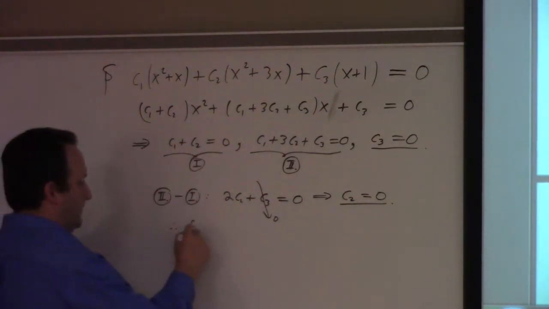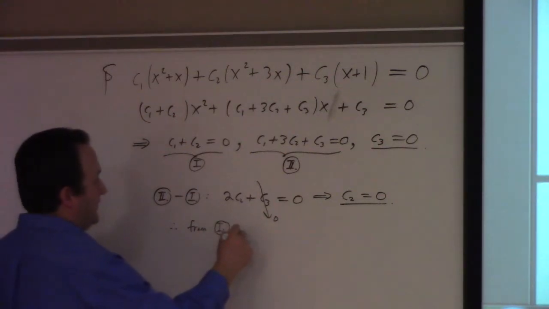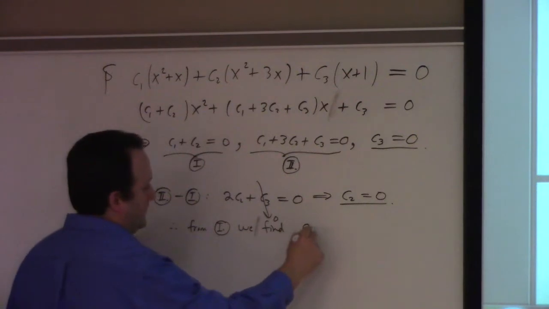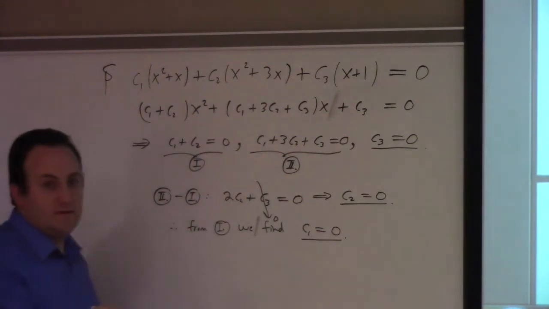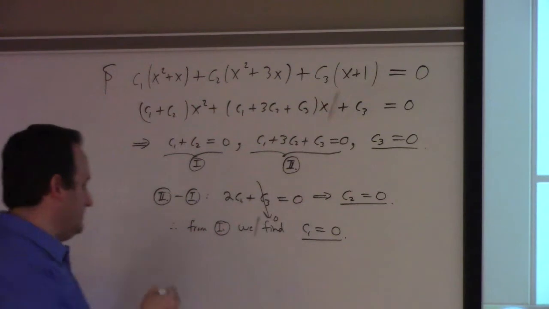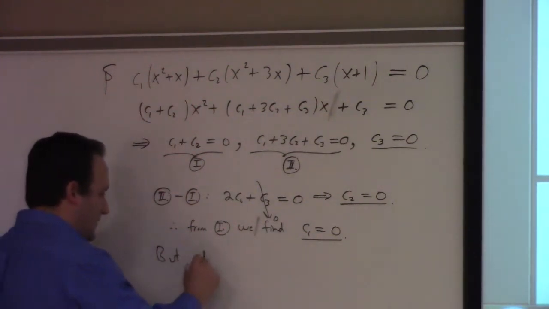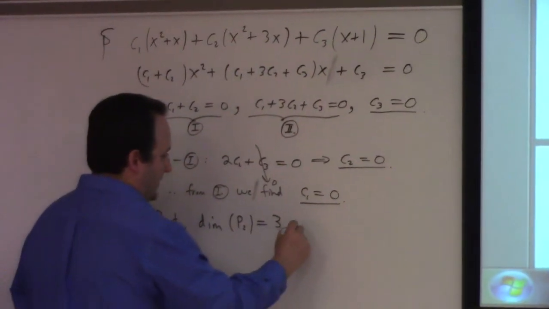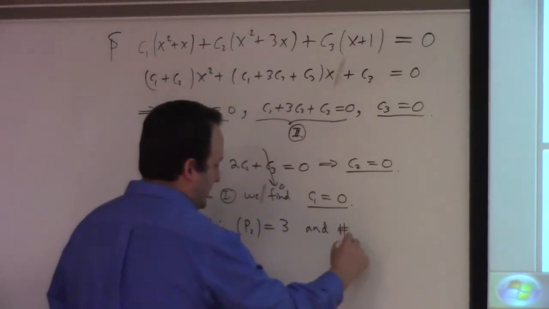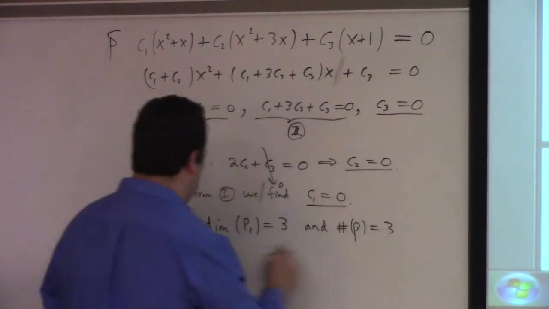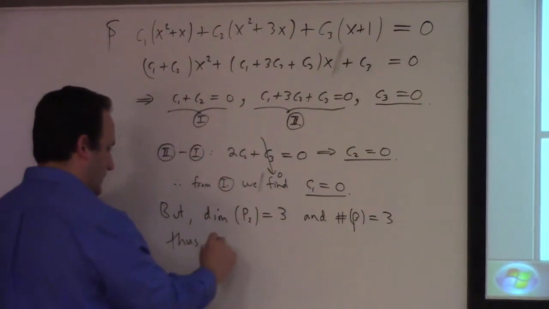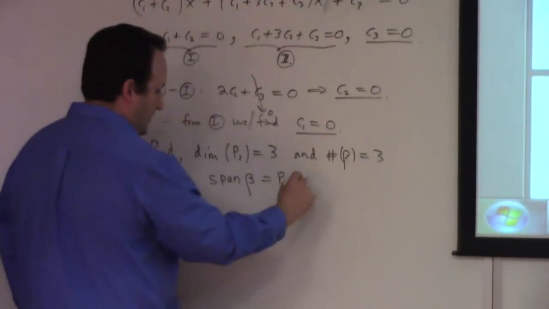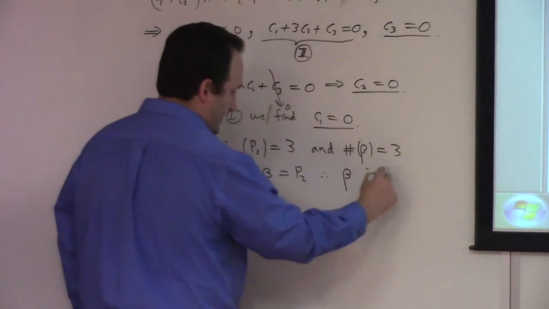Therefore, from 1, we find C1 is 0. That proves it's linearly independent. But the dimension of P2 is equal to 3, and the number of things in beta is equal to 3. Thus, the span of beta is equal to P2. And therefore, beta is a basis.